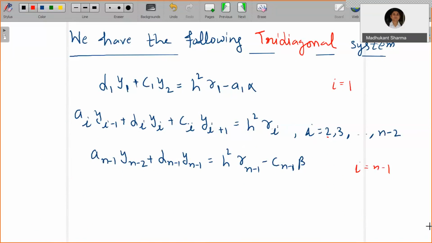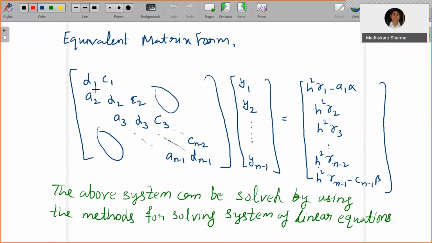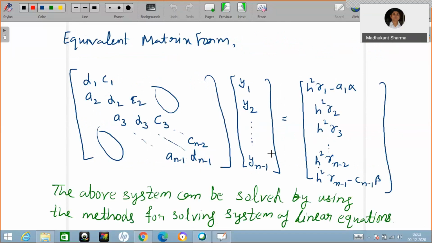Now you can write down the equivalent matrix form as well. If you look carefully, the first row will be d1, c1 and the rest of the terms are 0. The unknown vector is y1 to yn minus 1 equals the right hand side.